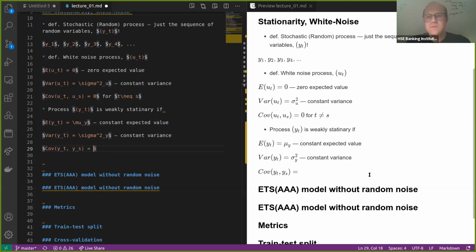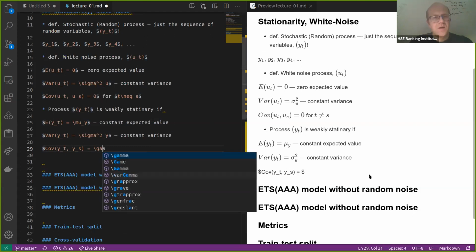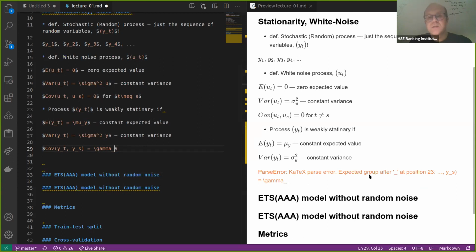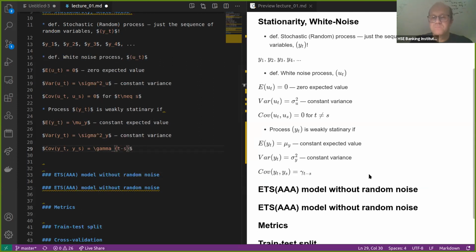Maybe anyone? Okay, it should be a function of the difference t minus s only.